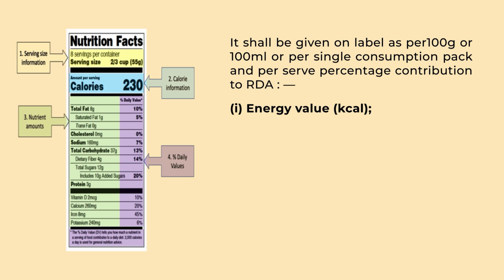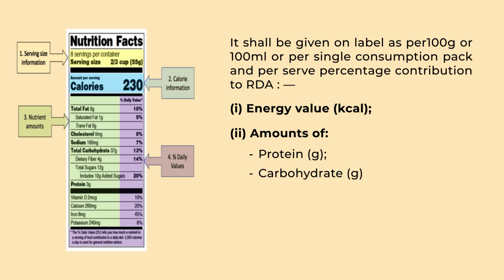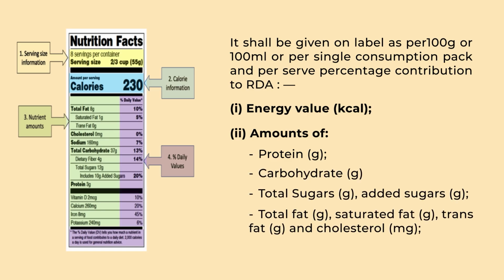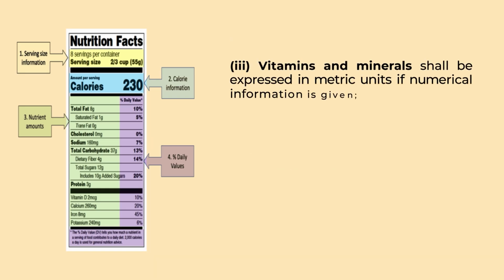Then there should be mention of the amounts of protein present in that, the carbohydrate, the total sugars, added sugars, total fat, saturated fat, trans fat, all are in grams, and if it contains cholesterol, that should be expressed in milligram. For the sodium also it should be expressed in milligram. Then vitamins and minerals, if these are expressed in metric units, the numerical information should be given on the list of the nutritional information.